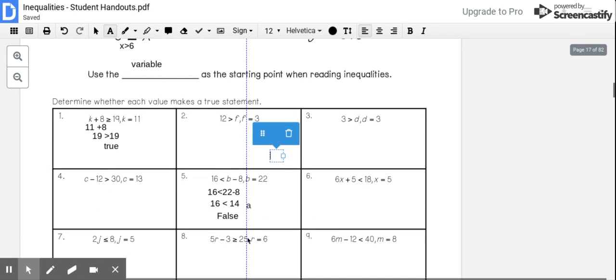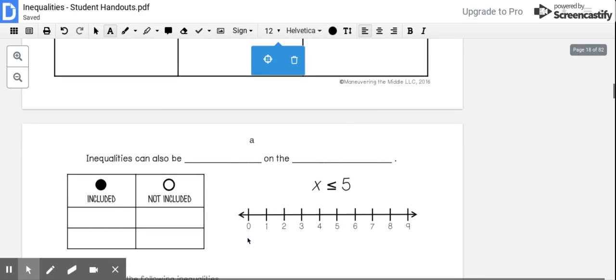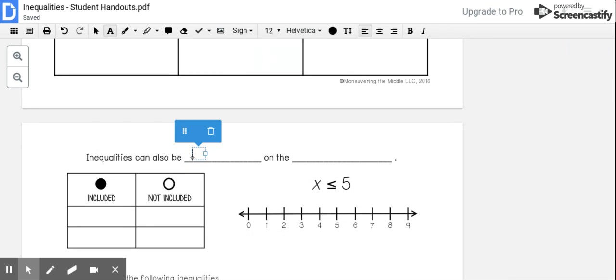So I'm going to go ahead and have you finish the rest of those and then show me when you have them done. And then when we go on the back of it, we have inequalities can also be graphed on the number line. And we've already talked about these from the other sheet.